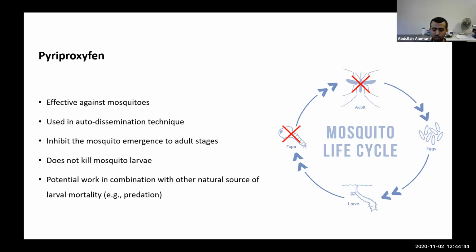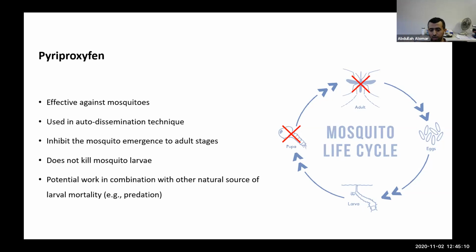Auto-dissemination of pyriproxyfen is a promising technique for mosquito control, where pyriproxyfen can be mechanically disseminated to new oviposition sites to inhibit mosquito emergence to adult stages by females that previously visited a pyriproxyfen-treated station or mated with contaminated males.